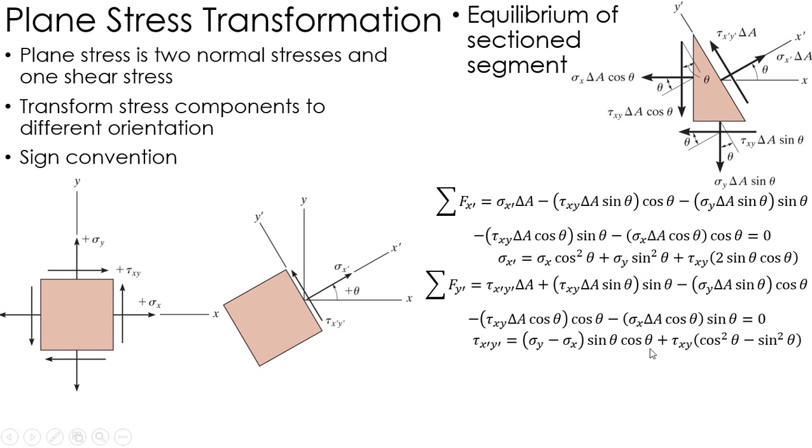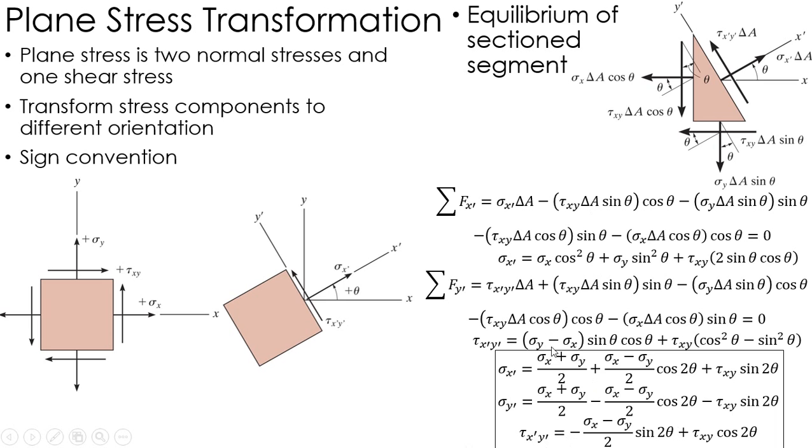Now we just massage these equations a little bit more, do a little bit of trigonometry and a little algebra, and we get an equation for sigma in the x prime direction based on sigma x, sigma y, and tau. Then through the same process, I can find what's going on in the sigma y prime direction by cutting at a 90-degree angle from where I am right now.